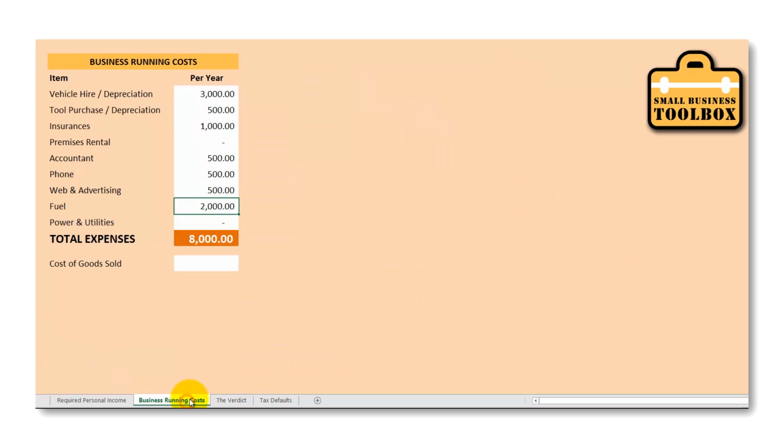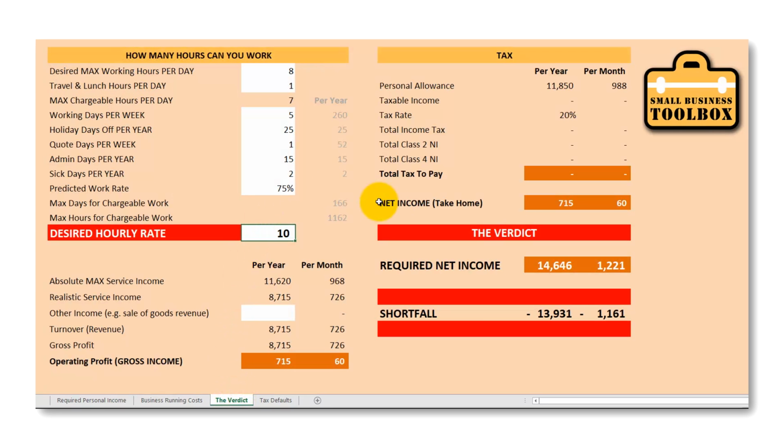Your business running costs are using up every penny that you've made. You're not making enough money to live on. You're not making enough money to run a business. And we are short until we get past the £30 an hour mark.